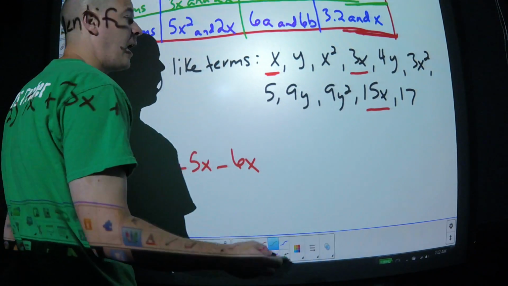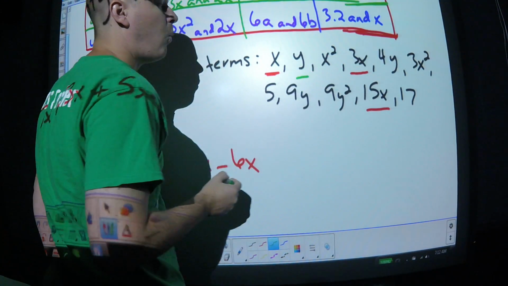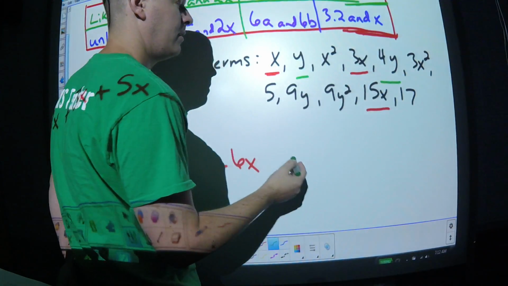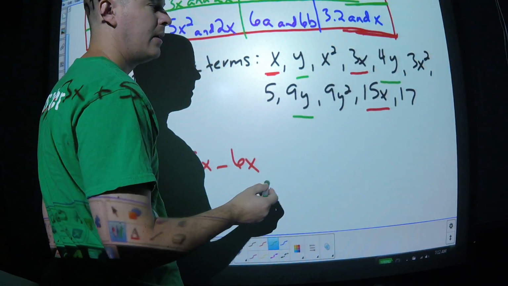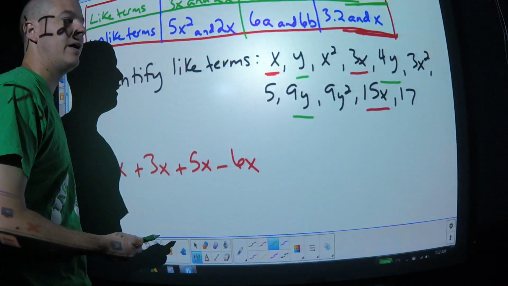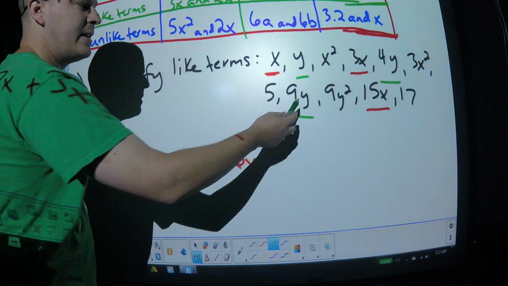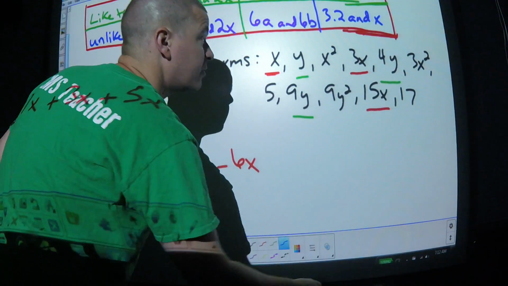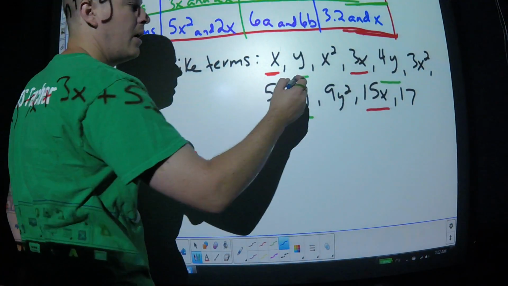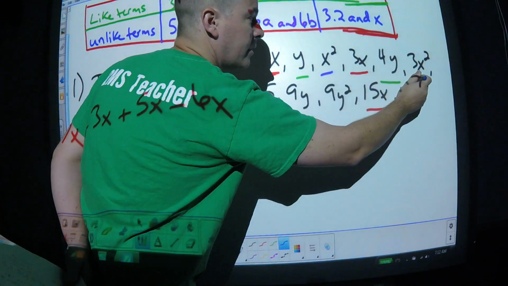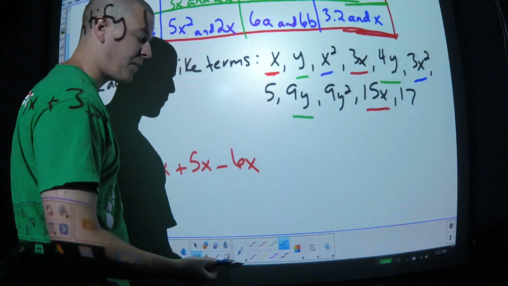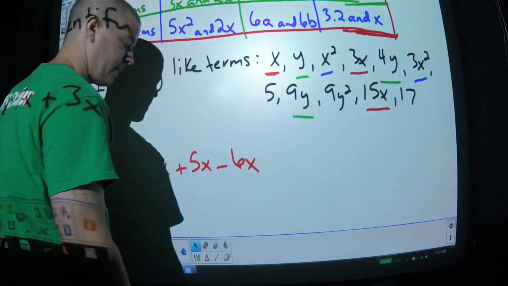So looking at the y's, you've got y, 4y, 9y, and 9y squared does not work because it is raised to the second power instead of the first, so you can't use that one. And then x squared, 3x squared, and that's it as far as the x squareds go.